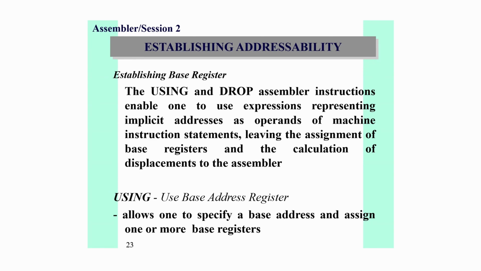The code I have shown you has symbols and labels defined. So the assembler has to convert them into addresses. That is where your base register comes in. For each program, you have to designate a base register.